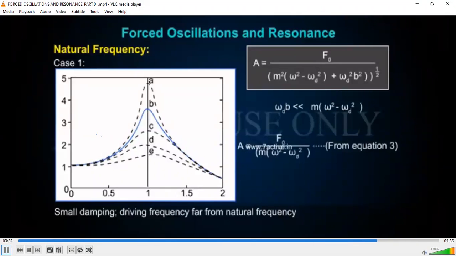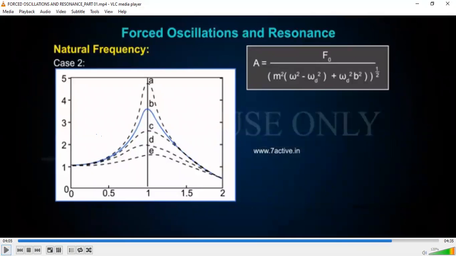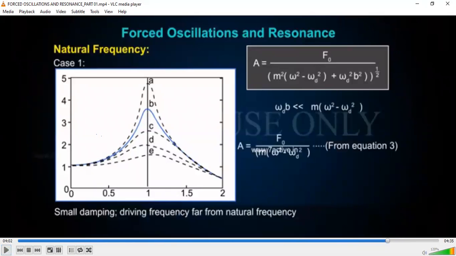A equals F0 by m(omega² minus omega_d²), from equation 3.